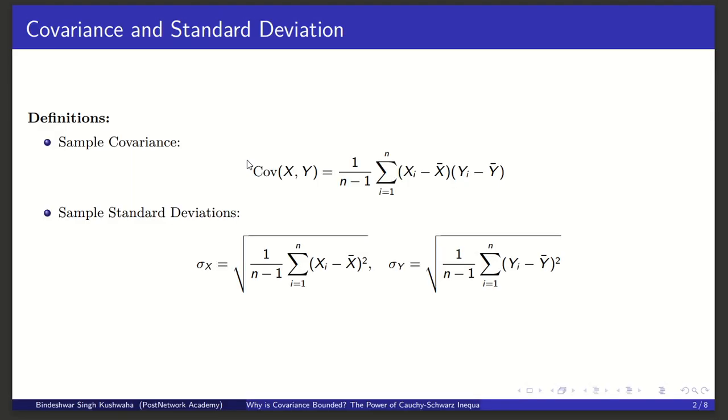And sample standard deviation: sigma x is the square root of 1 upon n minus 1, summation over i equal to 1 to n, (xi minus x bar) squared, and sigma y is the square root of 1 upon n minus 1, summation over i equal to 1 to n, (yi minus y bar) squared.